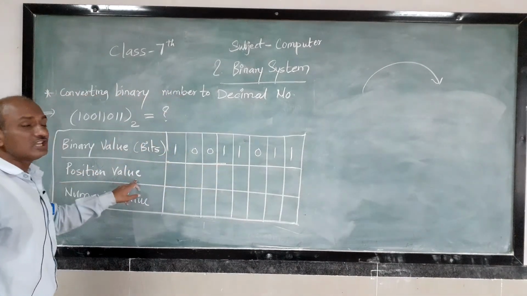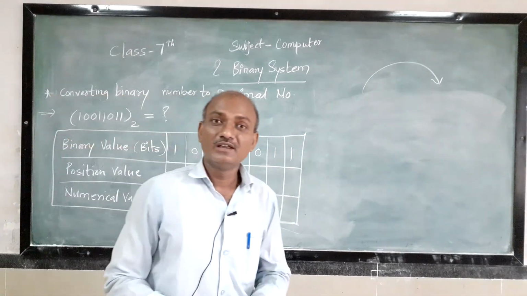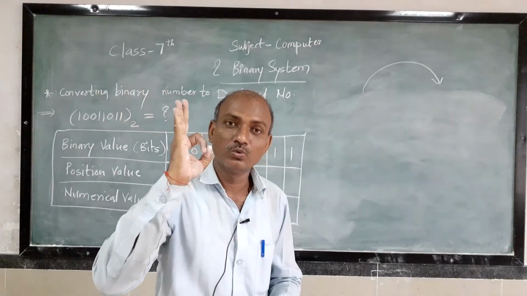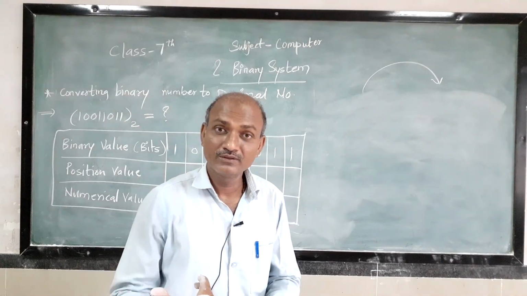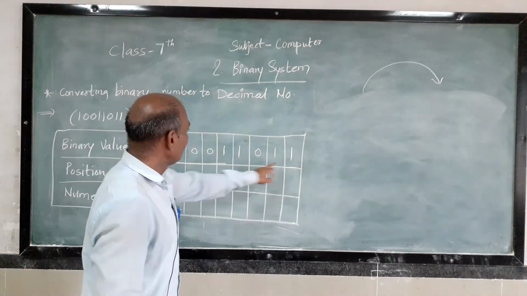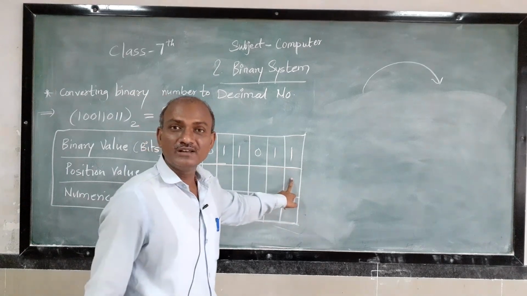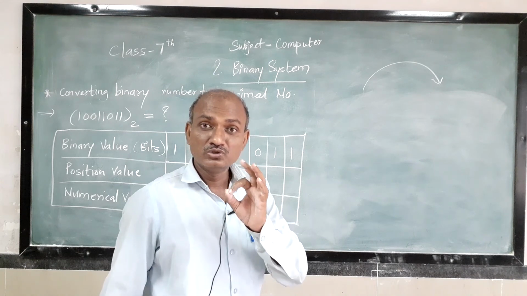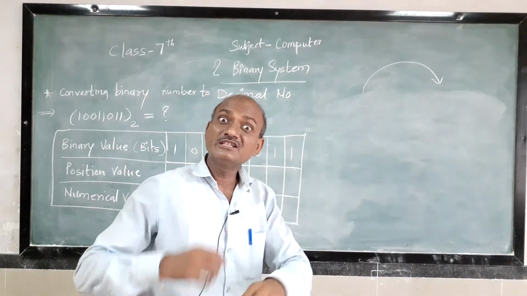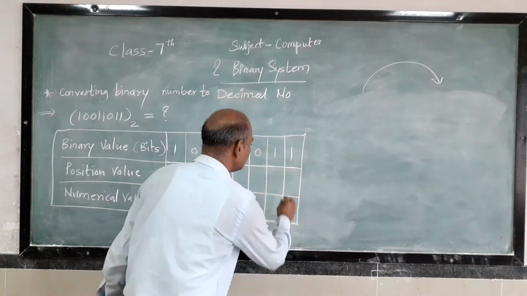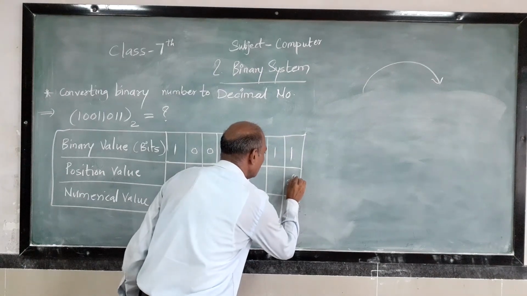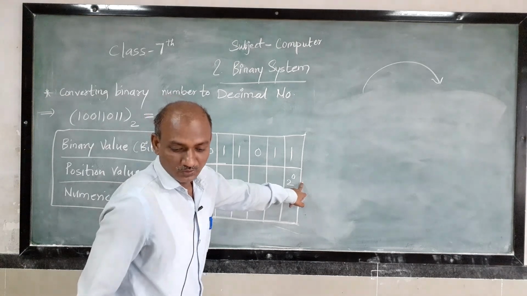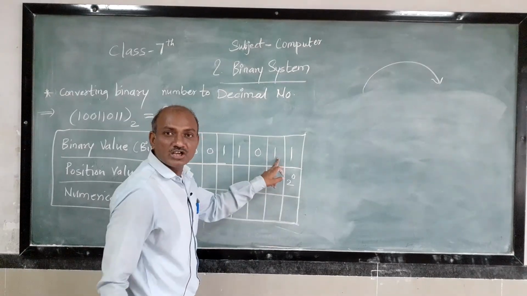Now we have to write their position values in increasing powers of 2, starting with 0. Understand what I say? What is the position of this bit? It is 2 raised to 0.